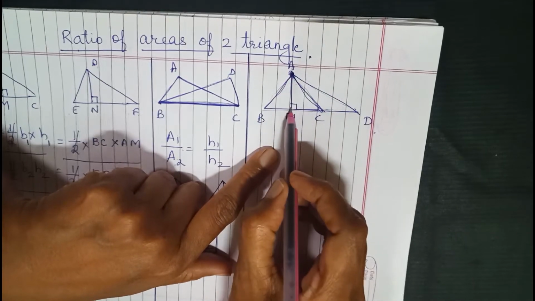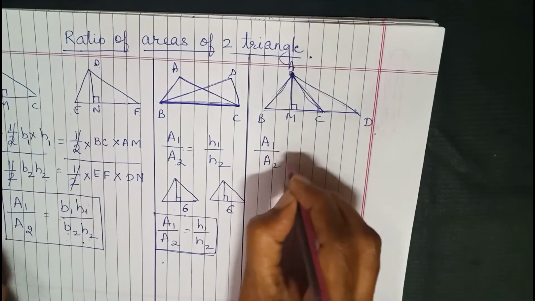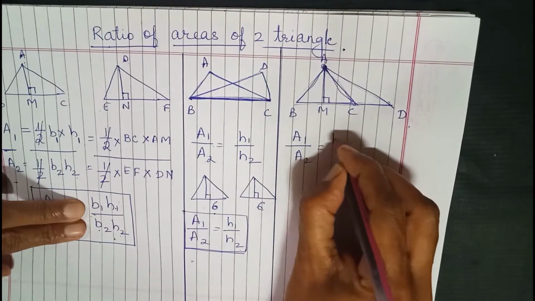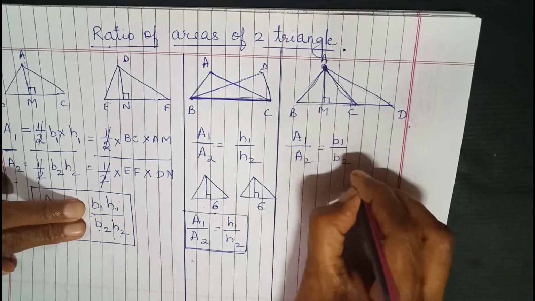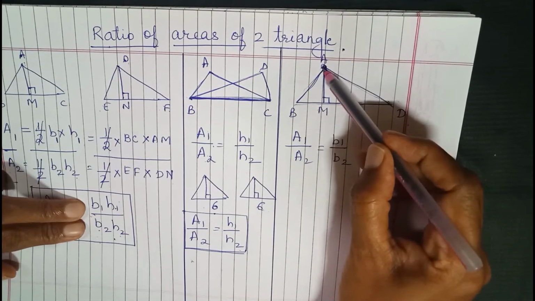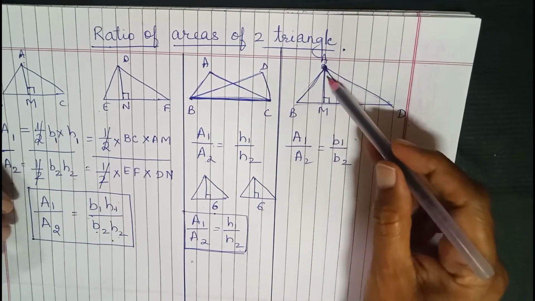That means the height is going to be equal. So here in this formula, the H1 upon H2 will get cancelled and what will remain is only B1 upon B2. The reason being is the two triangles have a common vertex, and when you will draw a height from a common vertex, the height is going to be same.